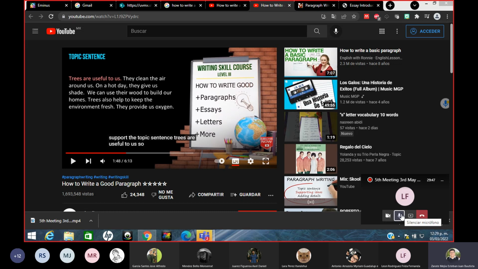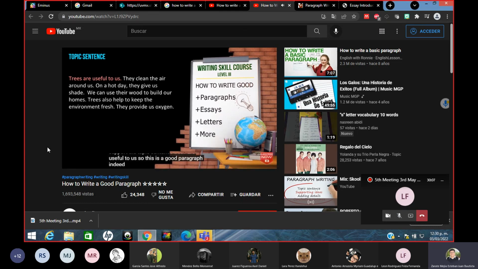They clean the air around us. Okay, this is one reason why they are useful. On a hot day, they give us shade. That is a second reason why they are useful to us. So, this is a good paragraph indeed. It has a topic sentence, and the rest of the sentences in the paragraph support the topic sentence.